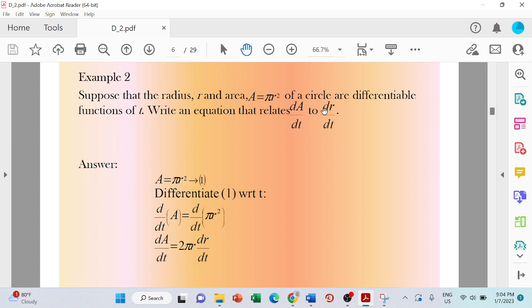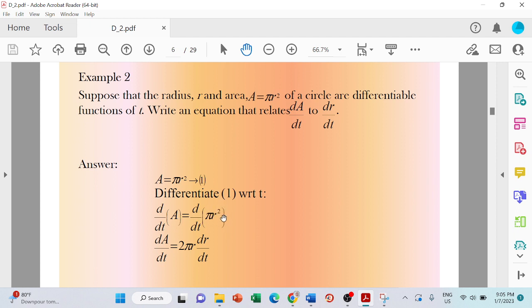Because dekat sini dia kata area ada relation dengan R. And then kita kena cari equation yang relate area to your R. So because area ni subject, yang sebelah kanan ni is not your subject.